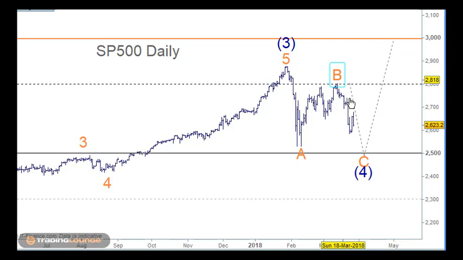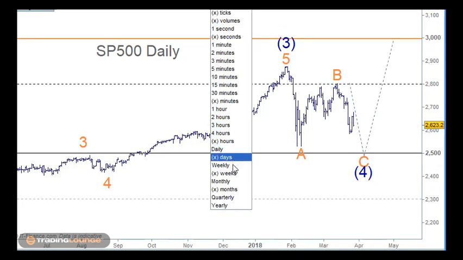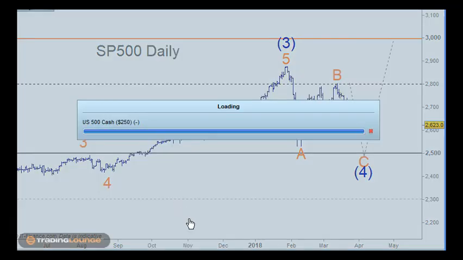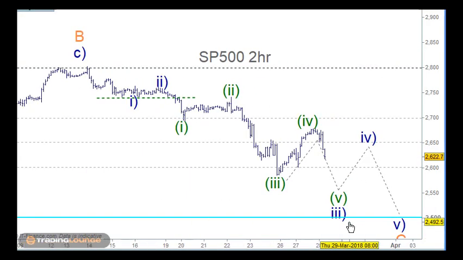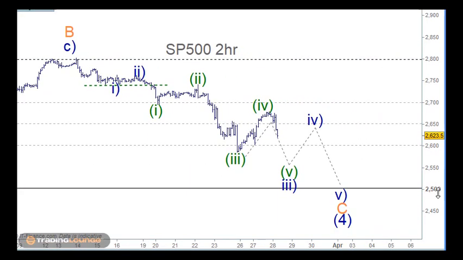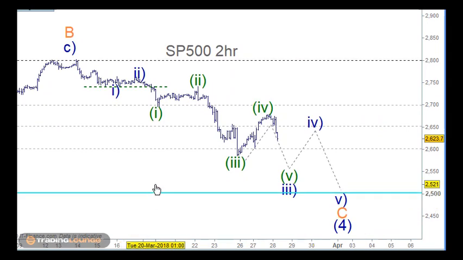So from wave B to wave C here, we're looking for 5 waves. I'm just going to cut through to the 2-hour chart here and bring this into view. We're looking at this as from B down to C, and we're looking for 5 waves of minute degree. So we have wave 1, wave 2, wave 3.